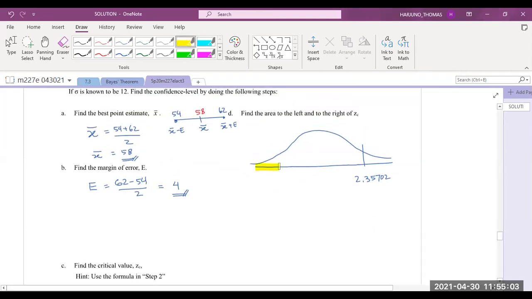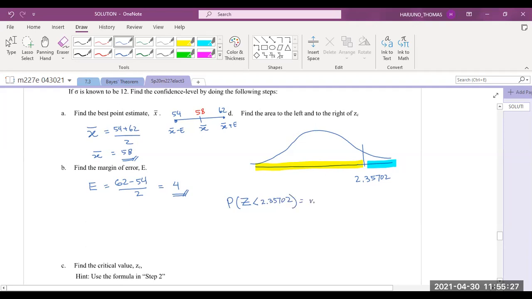And the area to the right of that critical value. The area to the left first. Probability that Z, not X, Probability that Z is less, because this number is the Z-score, right?